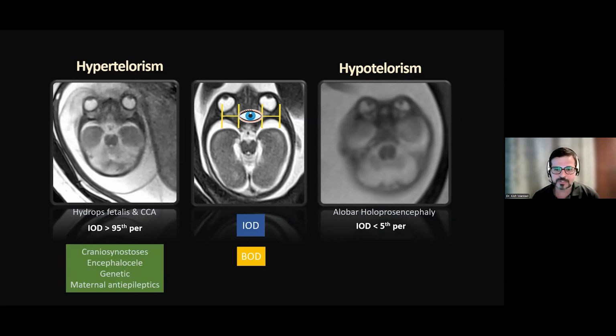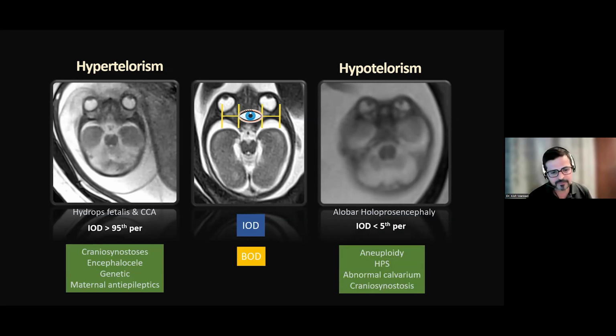Once you have determined that these are widely separated or too close together, there is a list of differentials you can start thinking about or even put on your report if you want to. We are dealing with a set of possibilities here, and we can direct further imaging analysis to these ground truths.